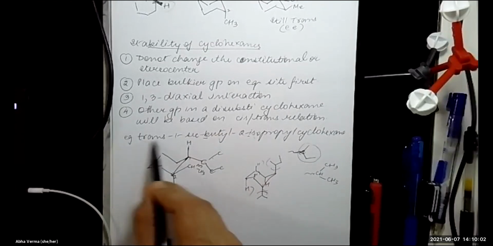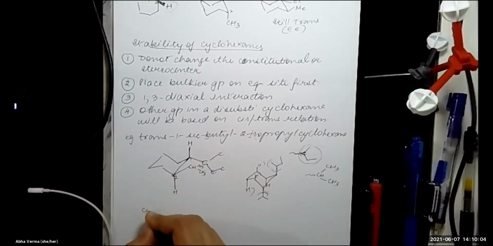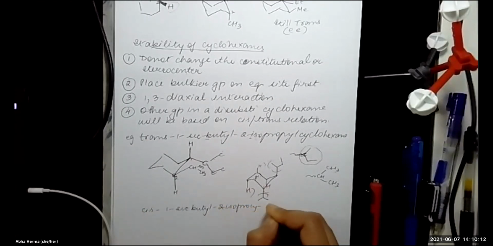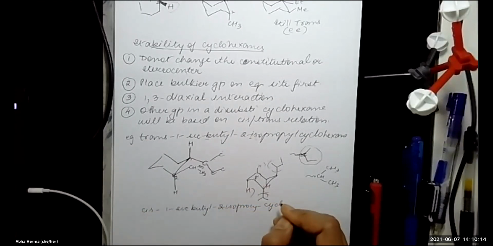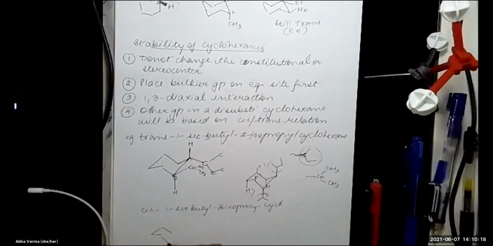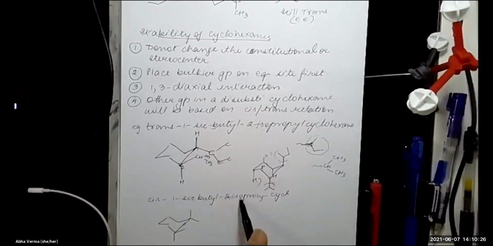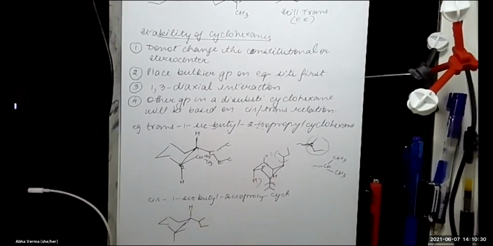equatorial side. What if instead of trans, I had a cis 1 sec-butyl, 2 isopropyl, cyclohexane. Exactly the same ring. I will draw my axial bonds first, then my equatorial bonds. I want to place my sec-butyl on the equatorial site.